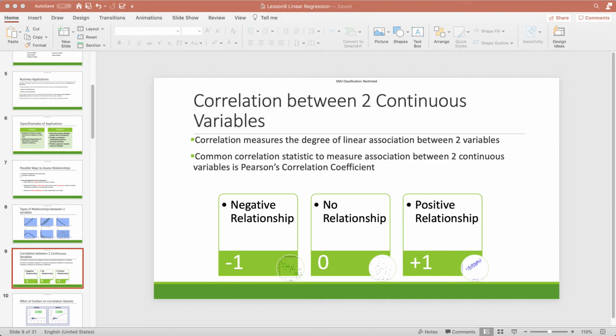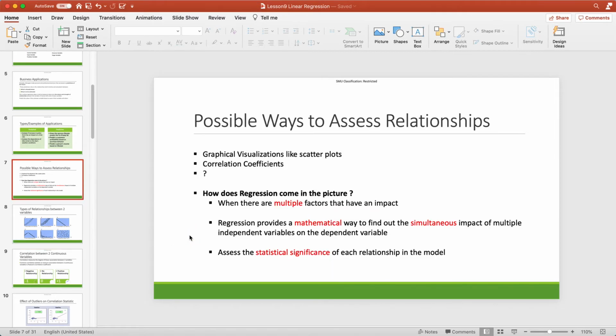Now I'm going to talk about why we need regression. When does regression come into play and what is the benefit of using regression? You see that you have multiple factors that have an impact on y, where y is the dependent variable and you have multiple x variables, and that's what happens in most real world situations.